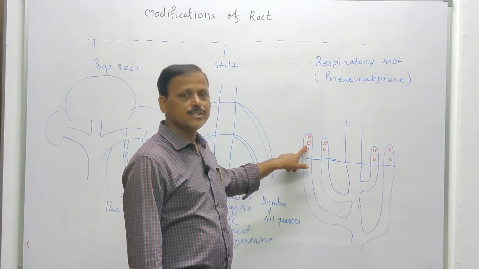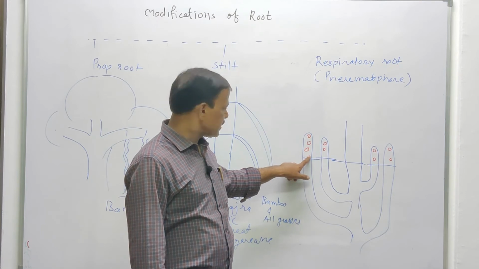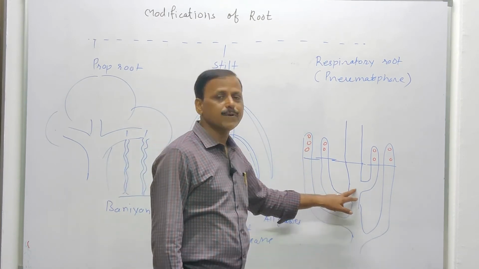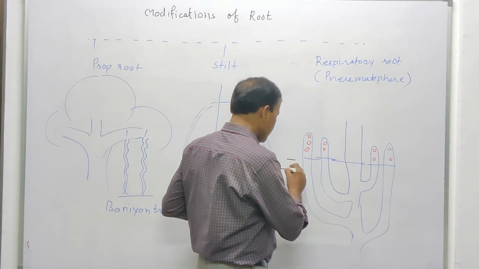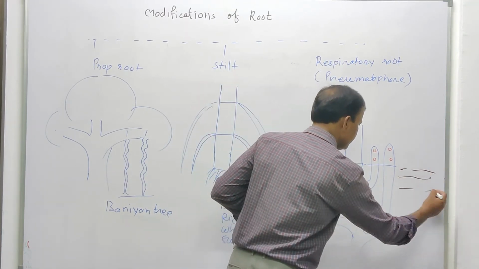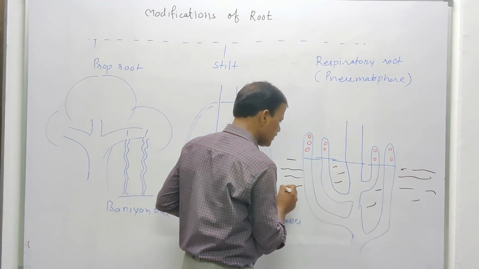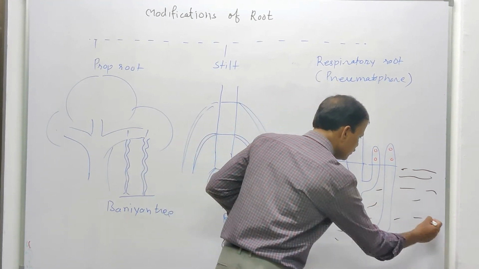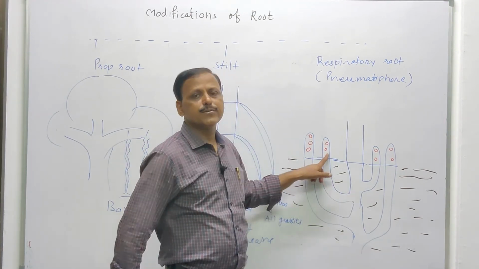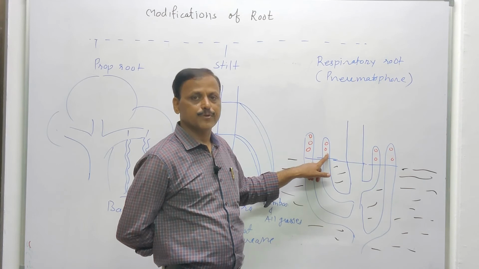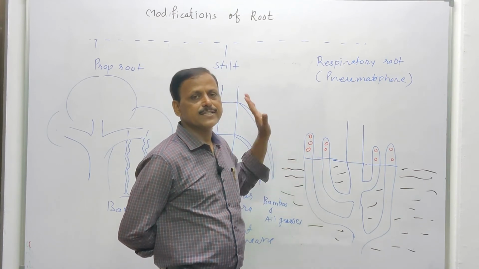So this living tissue exposed in the respiratory root helps to supply oxygen to the root. In a marshy, swampy area, there is no chance to get oxygen from the water and mud. Therefore, this root has to grow negatively geotropic and positively phototropic, bearing lenticels for exchange of gases.